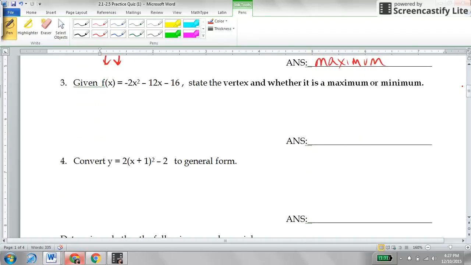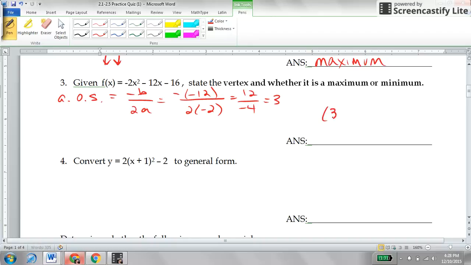The next one's a little bit harder because it is not in vertex form. So the first thing we're going to do is find the axis of symmetry, which is negative b over 2a, which is negative 12 over 2 times negative 2. So we have 12 over negative 4, which is 3. So we know the x part of our vertex is 3. So let's plug that 3 into our equation.